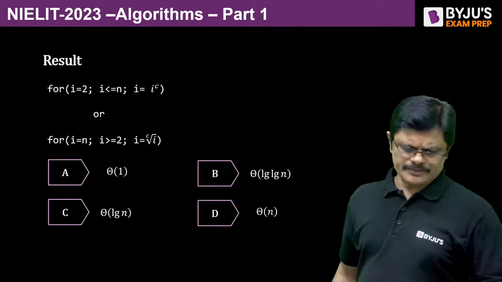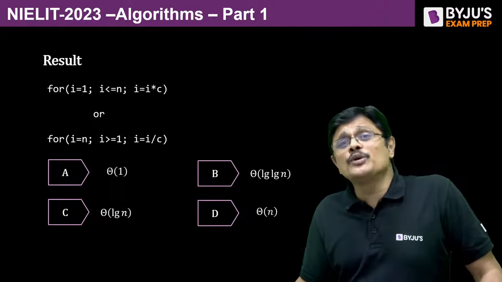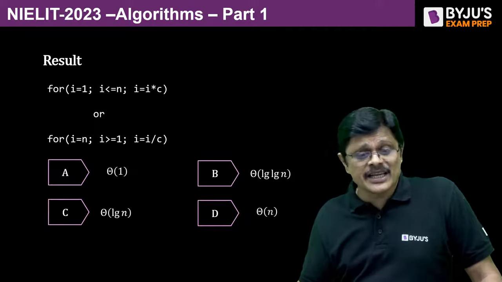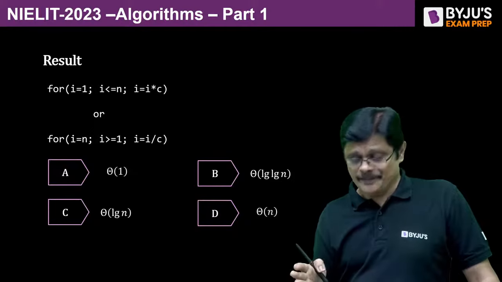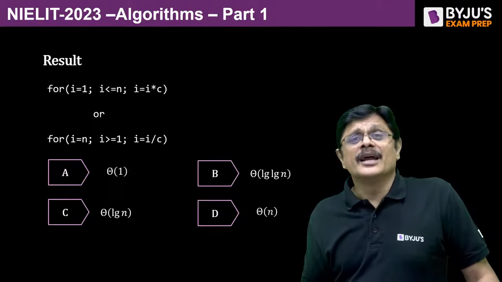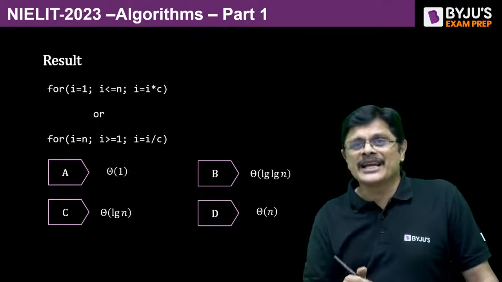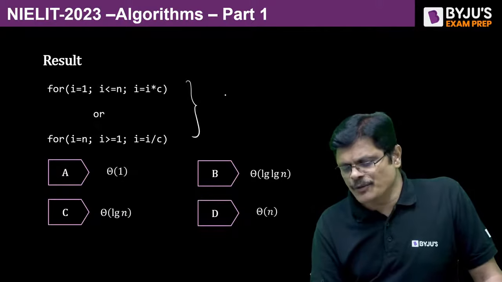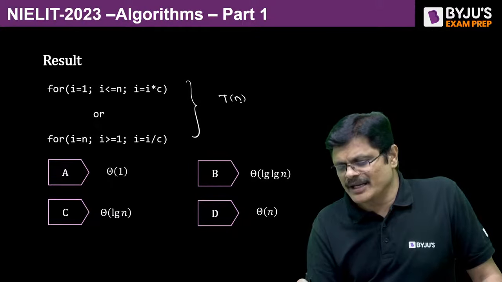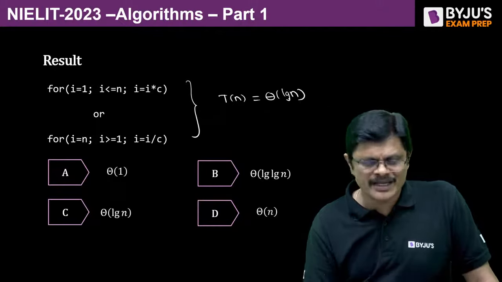The next one: if you are reaching from 1 to n in multiples of c, or from n to 1 in multiples of 1 by c, in both cases the complexity would be theta log n.